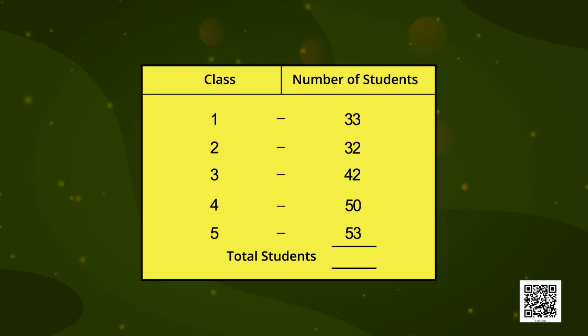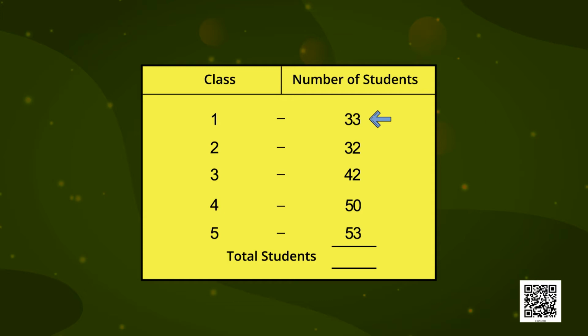Okay, let me help you in this. See, class 1 had 33, class 2 had 32, class 3 had 42, class 4 had 50 and class 5 had 53 students. So let's add them. Now, in order to add these, first of all, we will add the digits at unit place.